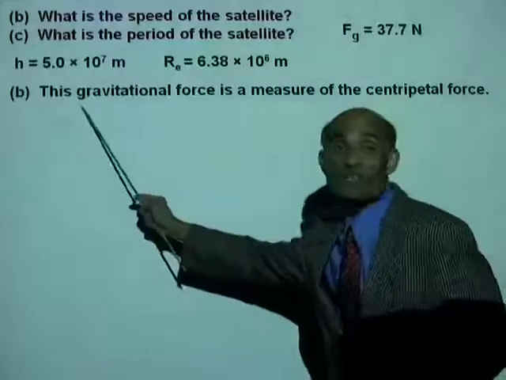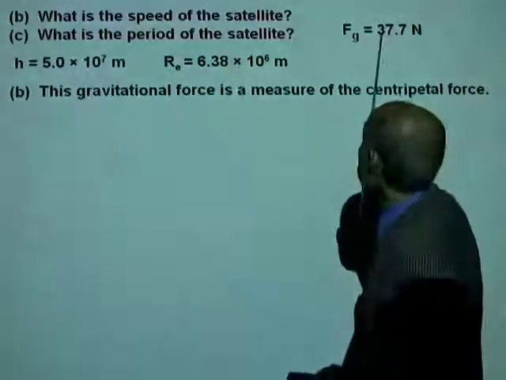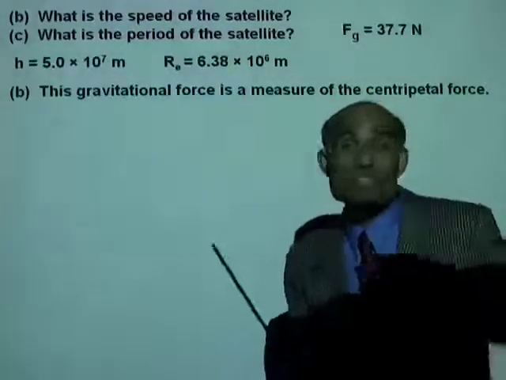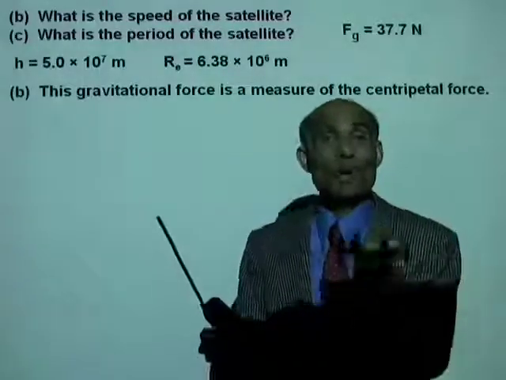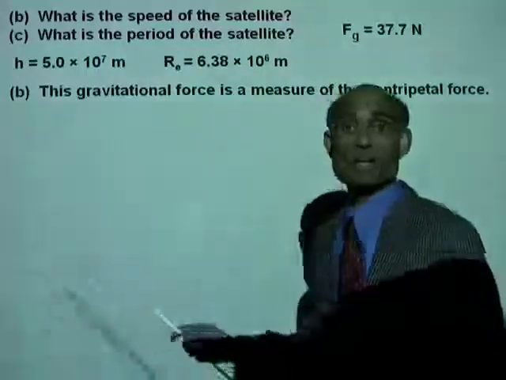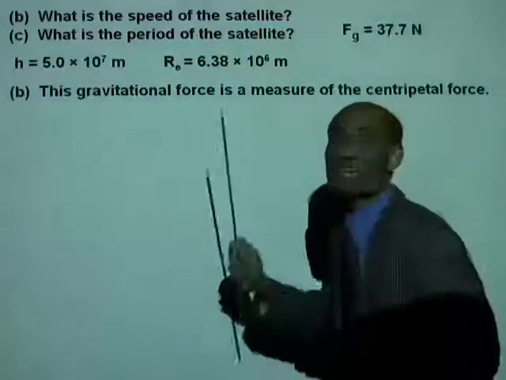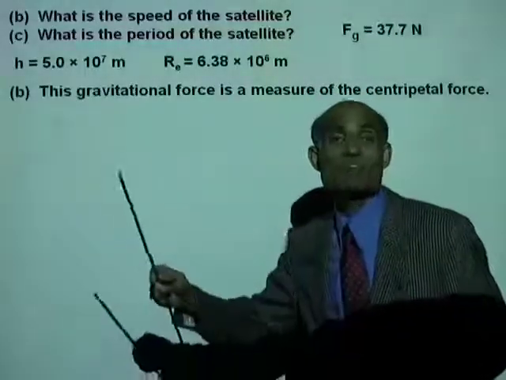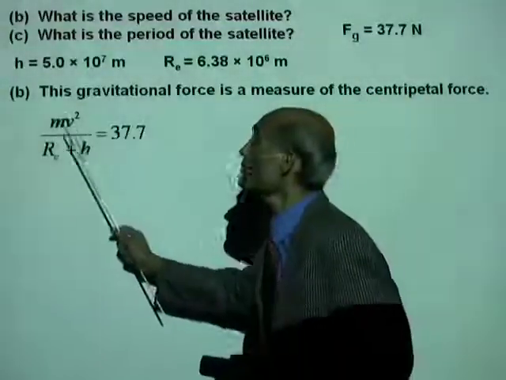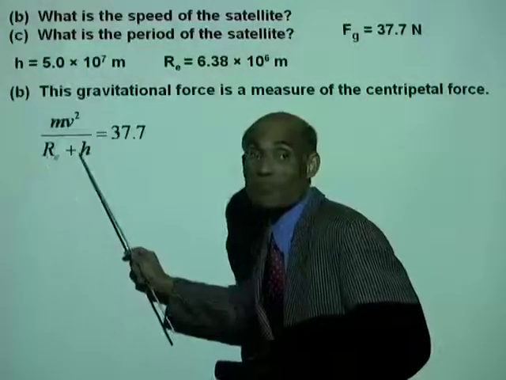Now, the gravitational force which we calculated, 37.7 Newton, is a measure of the centripetal force on the satellite, isn't it? Yes, we have used that several times. That means this quantity is equal to m v squared over r. So m v squared over R E plus h.